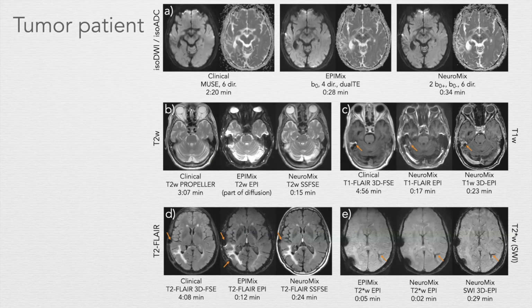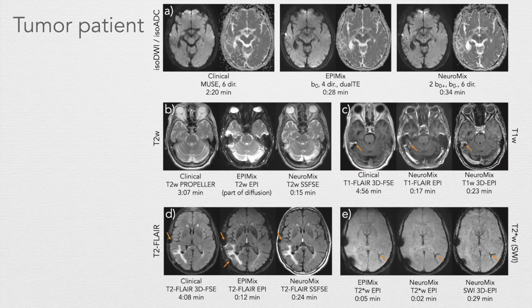For tumor patients, we have compared standard conventional MRI with EPIMix and NeuroMix. If you look in C, you can see that the T1 FLAIR 3D takes 5 minutes, and the orange arrow points to the remaining tumor.